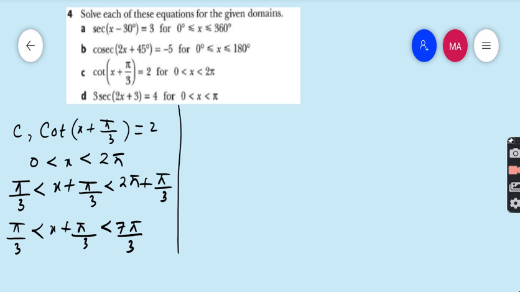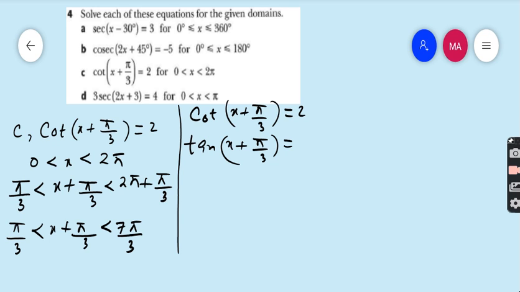Take the question. Cot of x plus pi by 3 is equal to 2. Cot is the reciprocal of tan, so this should be tan of x plus pi by 3 is equal to 1 upon 2, and this is positive.